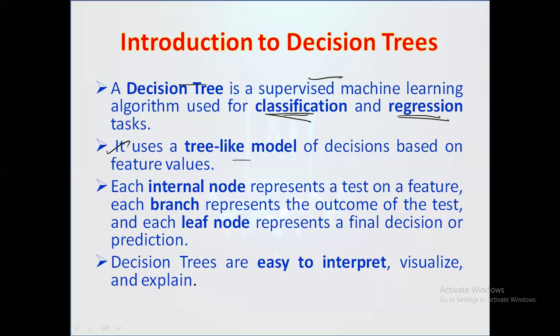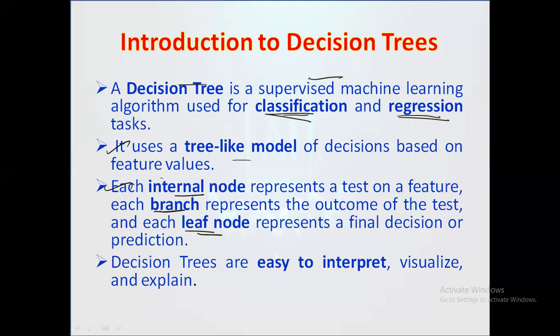This structured flow allows the algorithm to break down complex decisions into simpler sequential ones, which are easier to follow and compute. Each internal node represents a test on a feature, each branch represents the outcome of the test, and each leaf node represents the final decision or prediction.